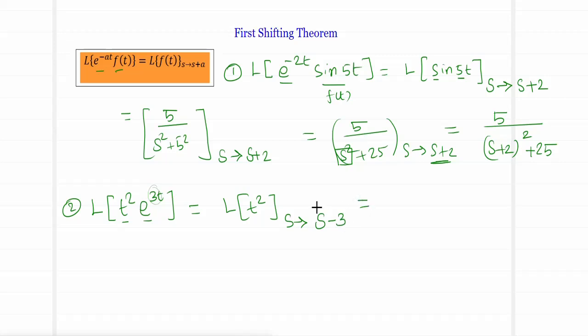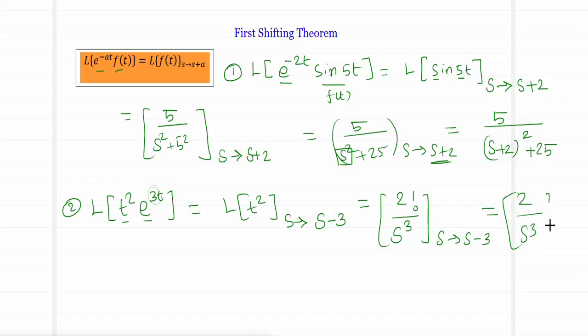So this gives me what we know about Laplace of t square. Laplace of t square is nothing but 2 factorial divided by s to the power of 2 plus 1, which is 3. So here s is shifted to s minus 3. And we know that 2 factorial is 2, with s cube moving to s minus 3.